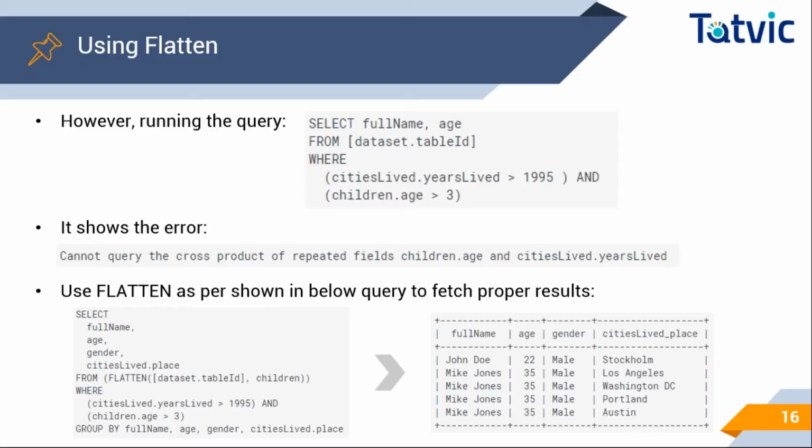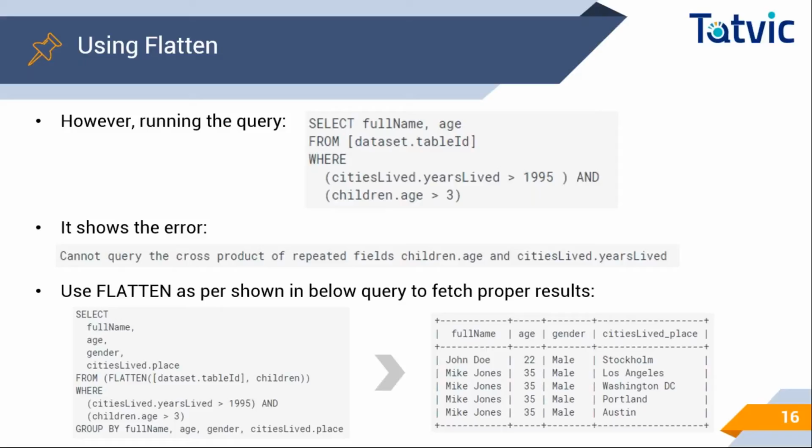And what if you are running a query something like this: give me full name and age from whatever the table, where cities lived years is greater than 1995, and my children's age is greater than 3. In this particular scenario, I'm actually querying a couple of nested fields together.